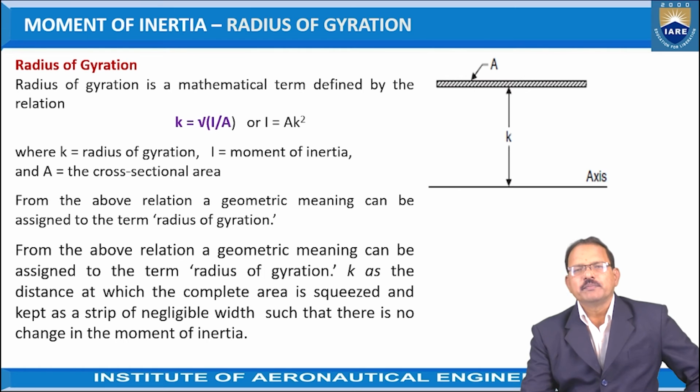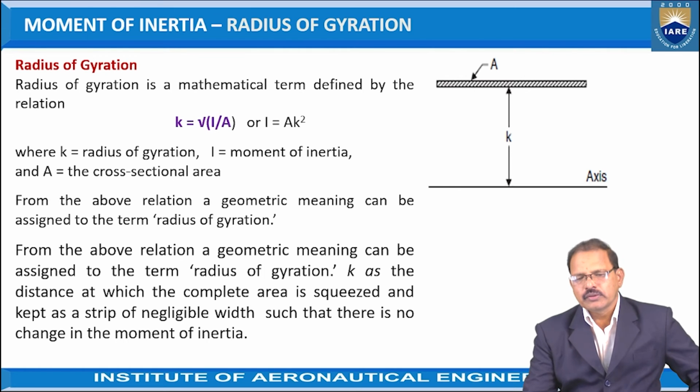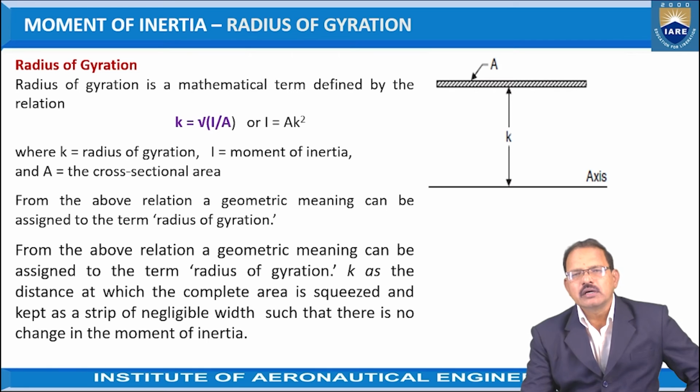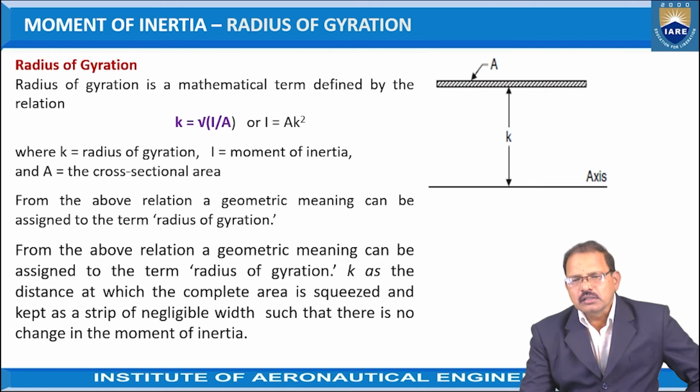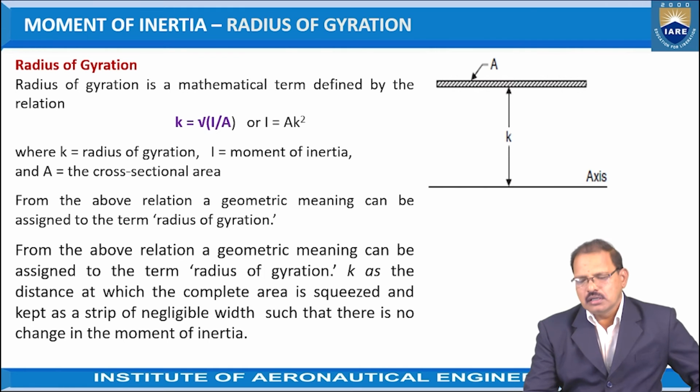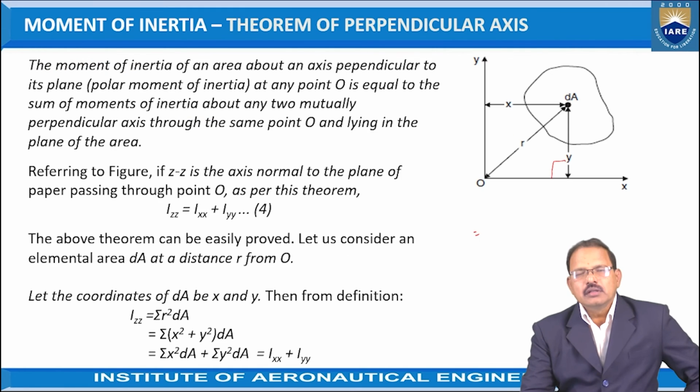A similar procedure is also applicable for the determination of moment of inertia of solids like rectangular prisms, triangular plate, square plate, circular disc and hollow disc, and so on.